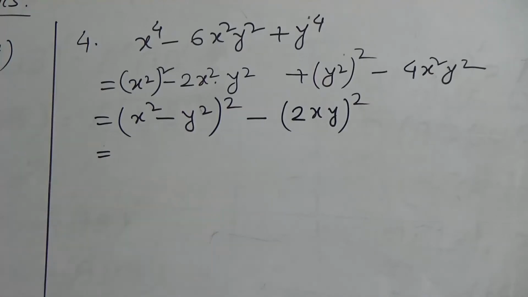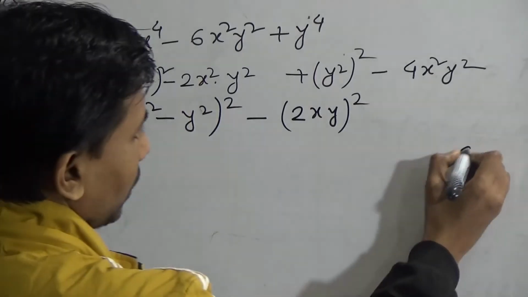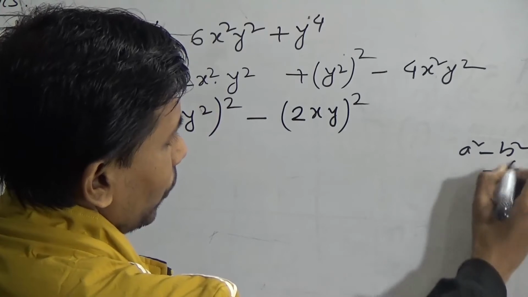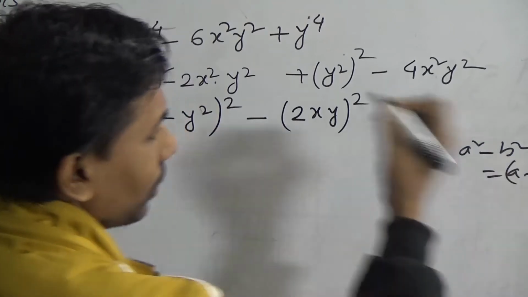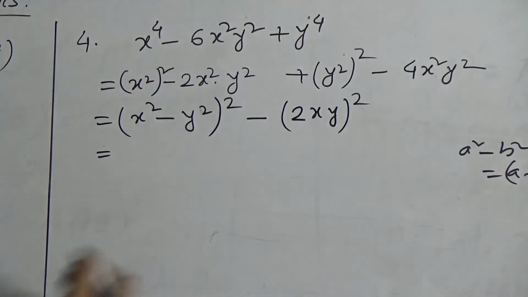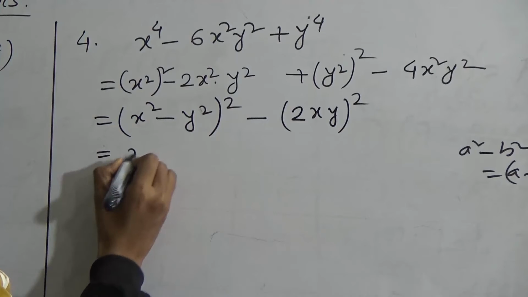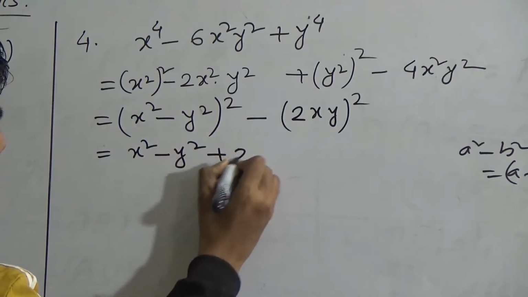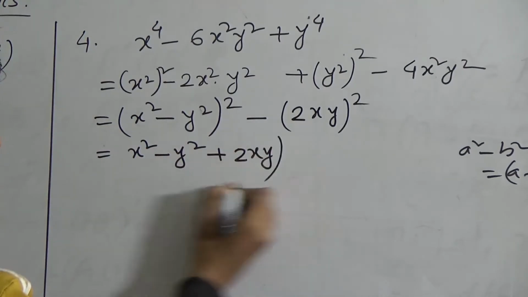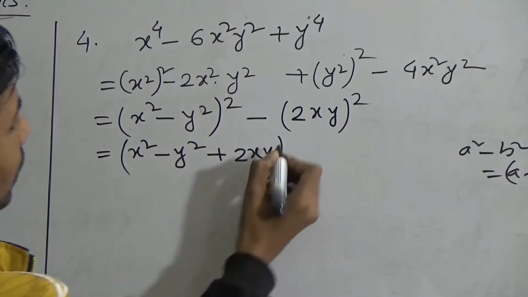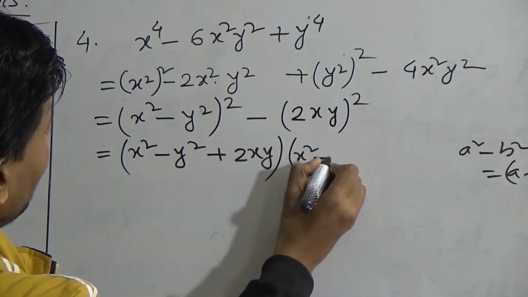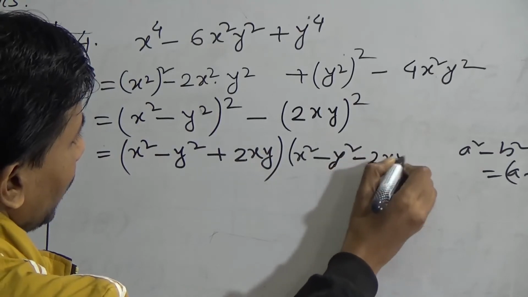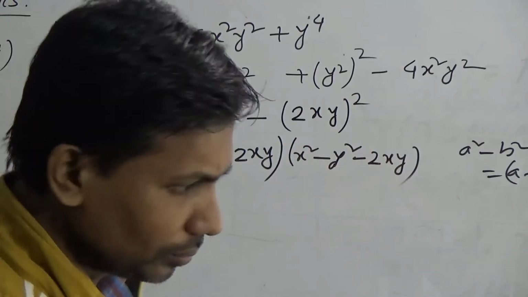Now we know the formula a square minus b square equals what? A plus b into a minus b. Okay. So we have to write this way: x square minus y square plus 2xy, then x square minus y square minus 2xy.